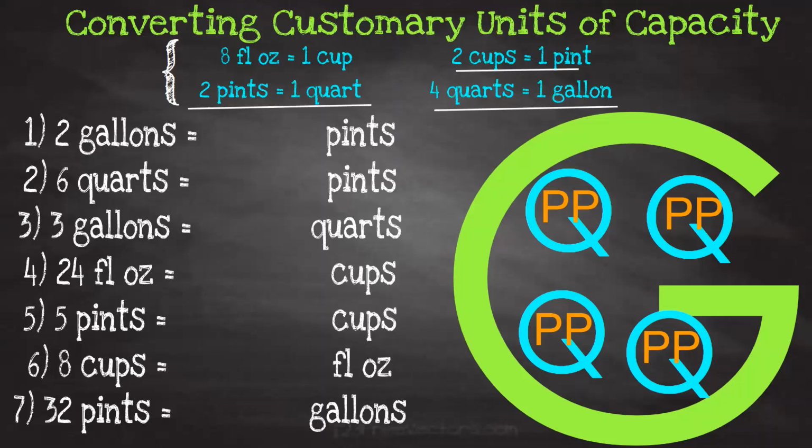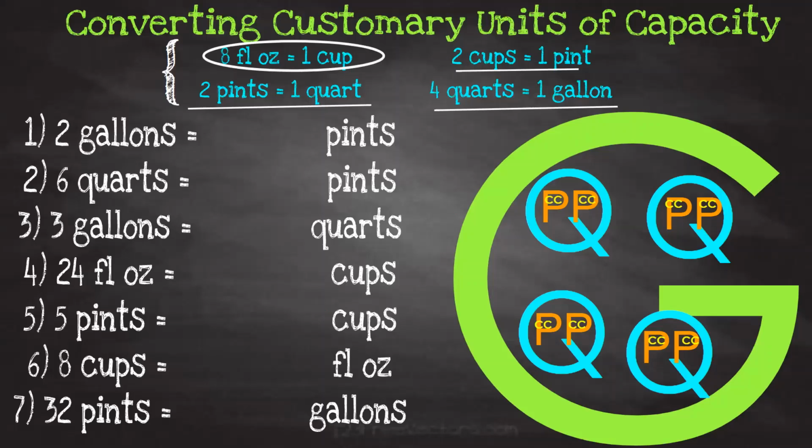So we're going to draw the letter C inside of each P, but not 1 C. We have to put 2 cups inside of each P. So put 2 C's inside of each P. So in 1 gallon, there are 4 quarts. 1 gallon is also equal to 8 pints, and 1 gallon is also equal to 16 cups.